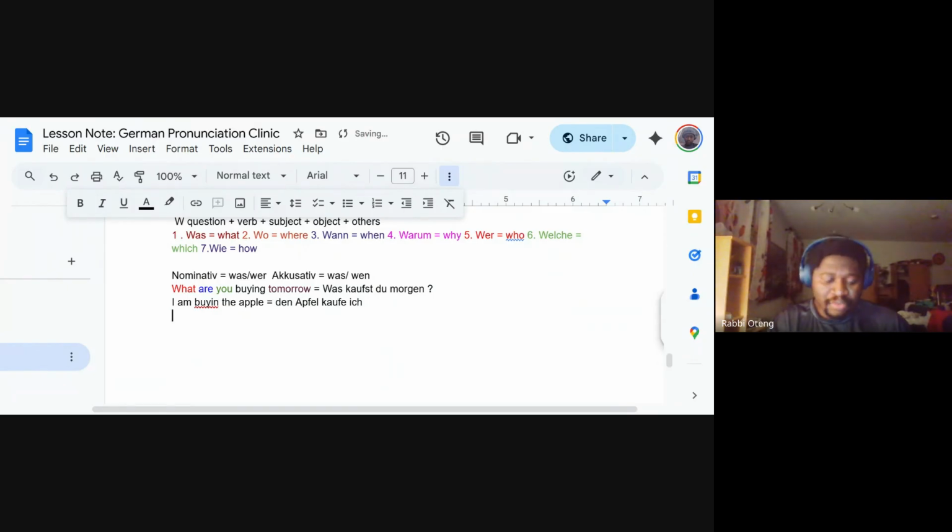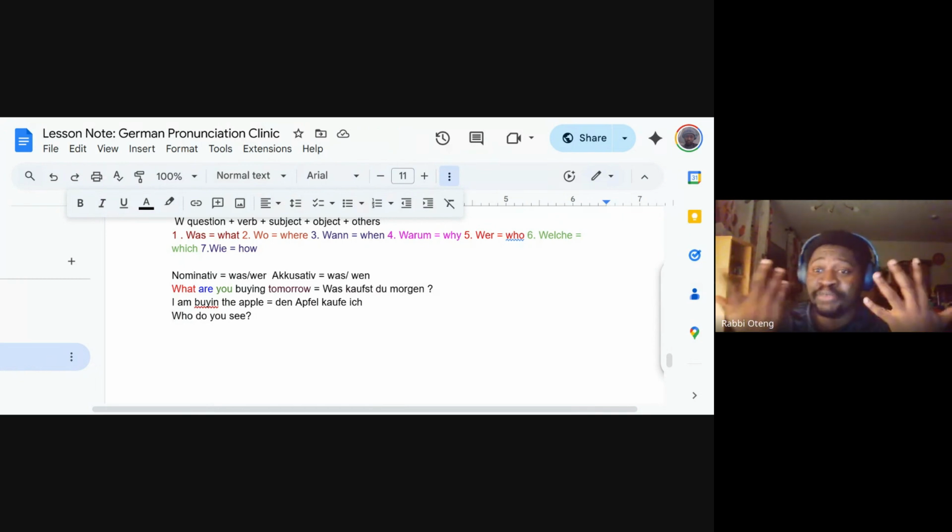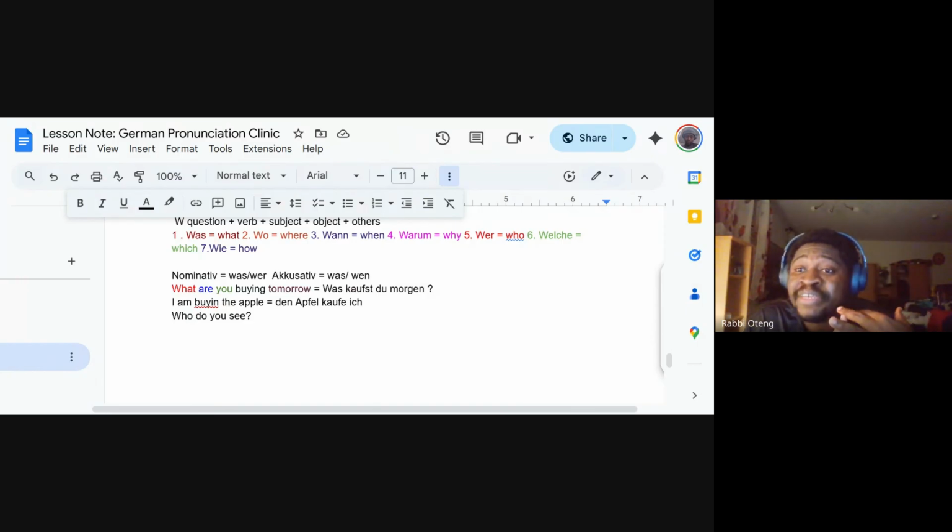An example will be: who do you see? The "who" here is conjugated, like the direct objects. Why doesn't it remain the same, since nouns that are feminine remain the same in the accusative?